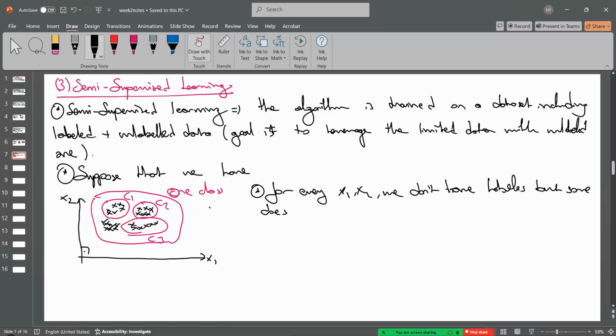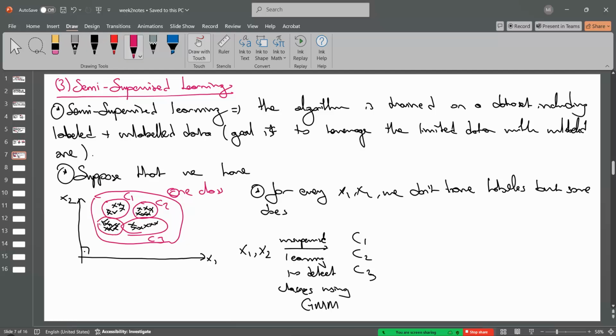In order to apply semi-supervised learning, we can feed x1 and x2 into unsupervised learning to detect data or classes using, for example, the GMM, Gaussian mixture model, and we can build C1, C2, C3, and also maybe C4, but we don't know the meaning of C1, C2, C3, C4.